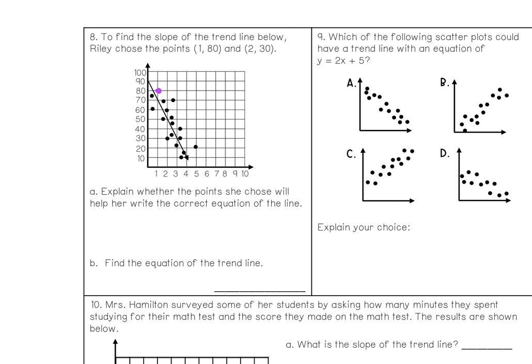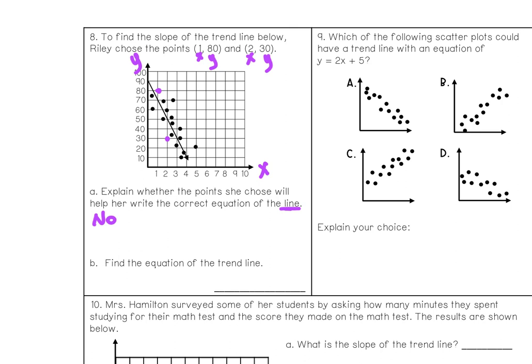And 230, remember this is X, this is Y, this is X, this is Y, this is X. Okay, 230 is here. Are those 2 points good for writing the correct equation of the line? Are those points on the line? Yeah, no, and explain why.